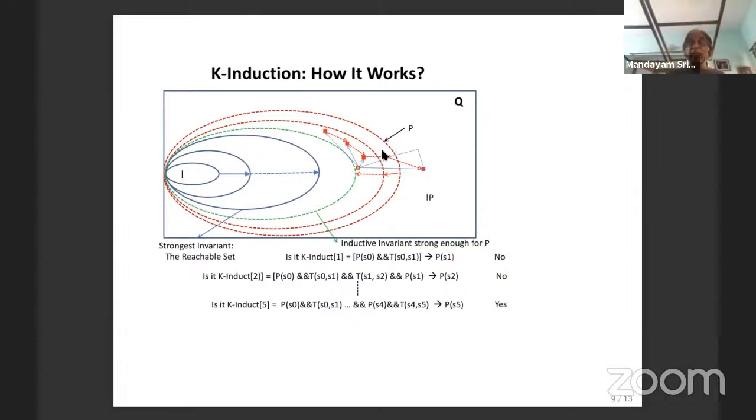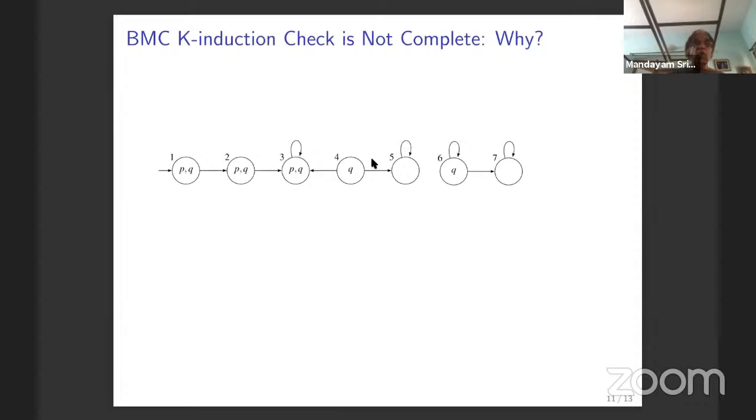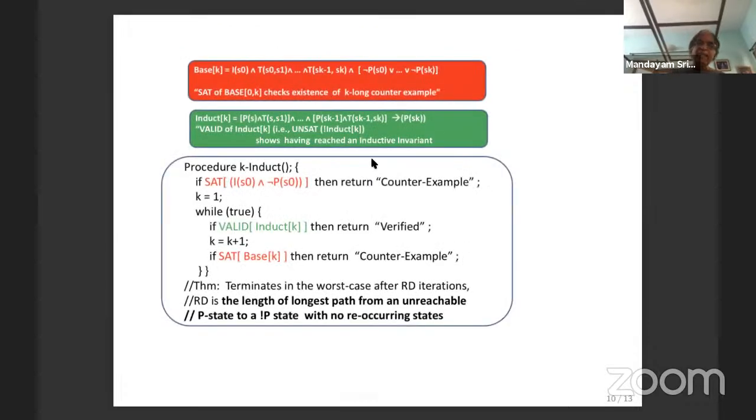As a matter of fact, you're actually doing that, except that you're not doing it by eliminating the existential quantifier, but by checking larger and larger K-long inductiveness properties. The reason it is not complete is that this algorithm need not terminate. When it terminates, this is the worst case; I will get to that.